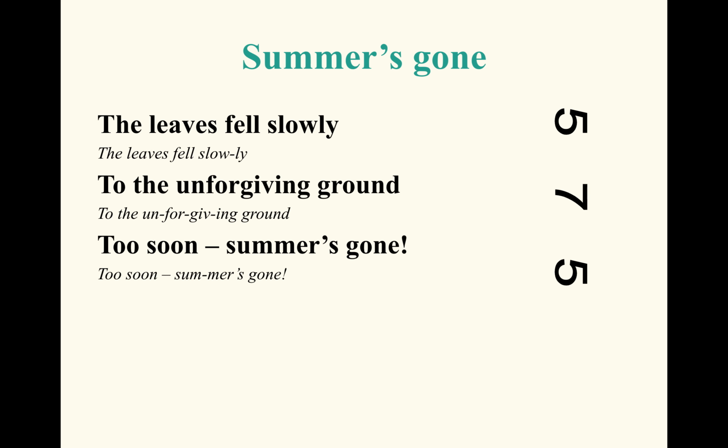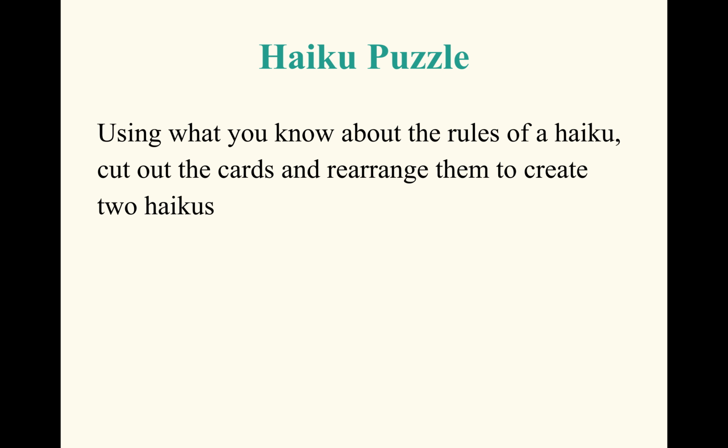Too soon, summer's gone. Hopefully you would have heard clap-wise like this, 5, 7, 5. Okay, that was a bit weird with just the clapping, but hopefully you understand what I mean.